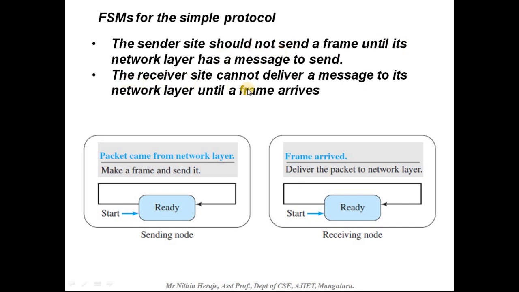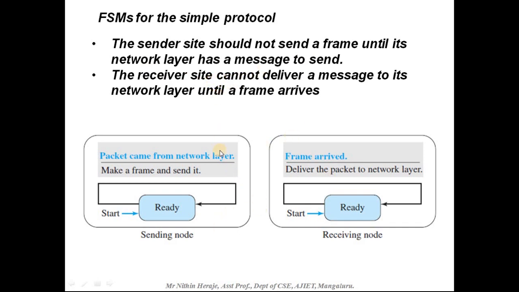Okay, the receiver side cannot deliver a message to its network layer until a frame arrives. So until it has received any frames in the data link layer, it cannot send packets or deliver a message to the network layer.